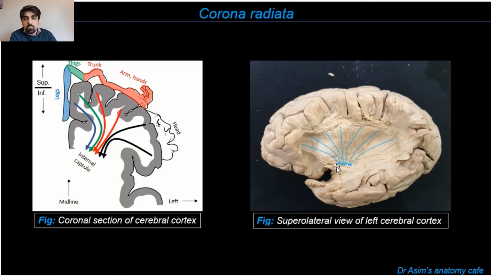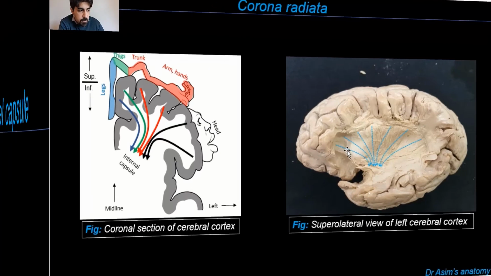The thalamus is more medially placed, so we would have to do a little more dissection and dig down inside to see it. We cannot really see that here, but you can at least appreciate very nicely the white matter tract fibers coming down as the corona radiata and then converging.